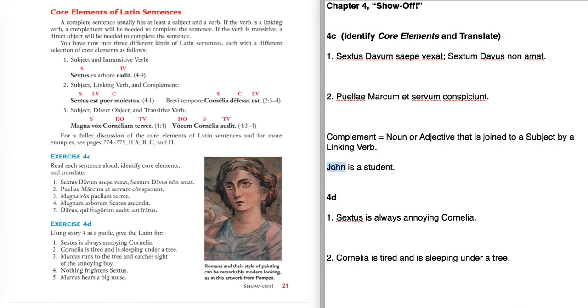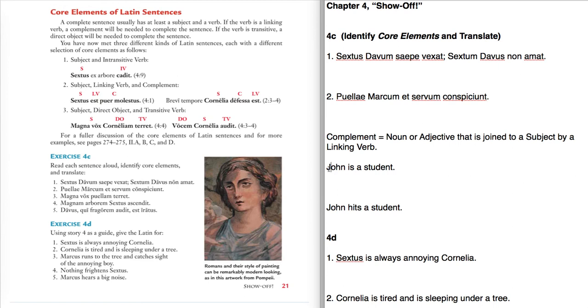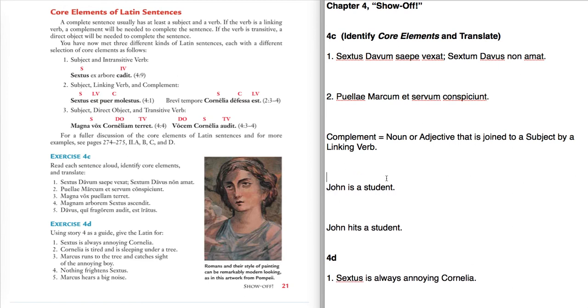Student and John are the same thing. So student completes the sense of what John is in this sentence. It's a very different thing to say John is a student and John hits a student, for example. In this sentence, we have a subject, a linking verb for is, and then we have a complement.